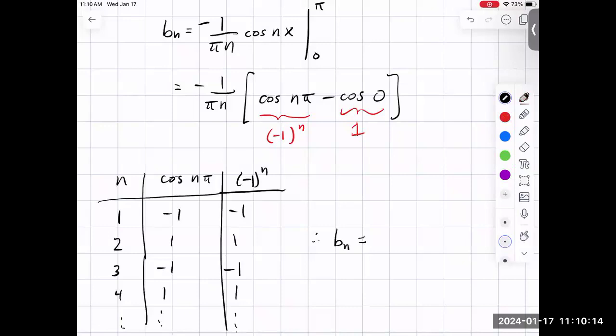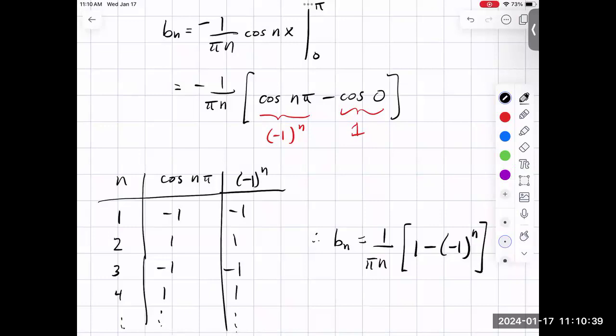What does bn look like? We have a minus here, and then we have a minus 1. So if we bring the minus sign inside, we'll get 1 over pi times n, and then we get 1 minus minus 1 to the power n.